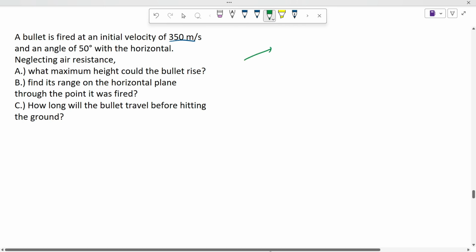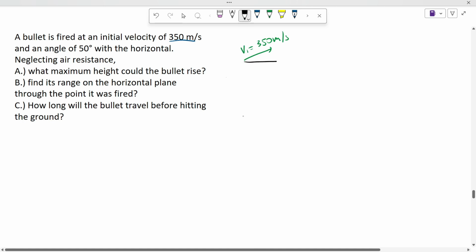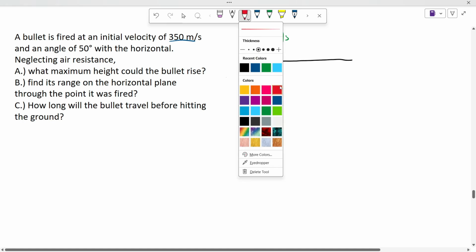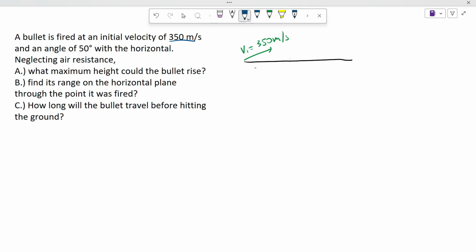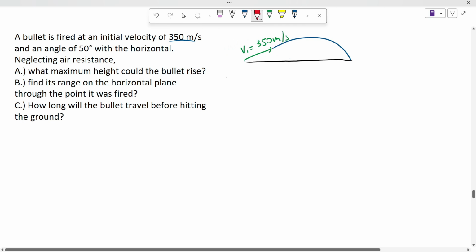A bullet is fired. Ito yung bullet that travels at 350 meters per second. And, wait. Ito yung horizontal niya guys. Yung pwesto na pinagbatuan niya. And this will be the path, the projectile path, with the angle theta of 50 degrees.